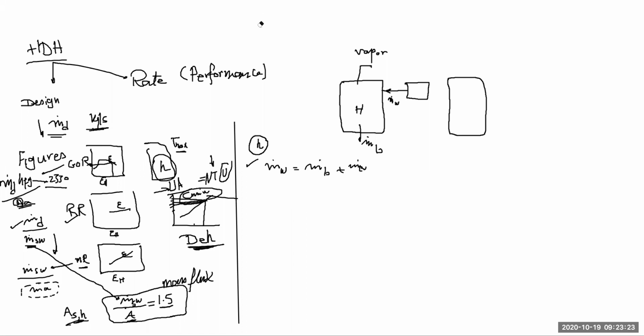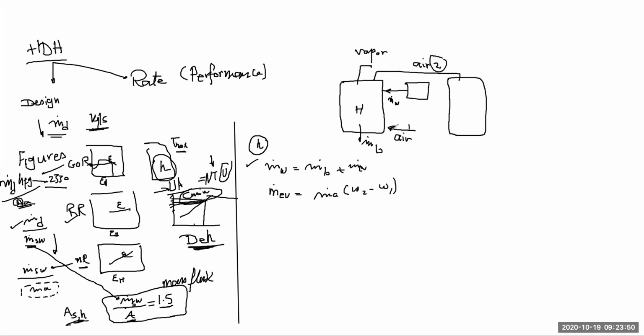The m dot evaporated is going to be the quantity of water vapor carried by the air, which is m dot air times the difference of omega between point 2 and point 1. So we have here air coming in at state number 1 and air leaving at state number 2.